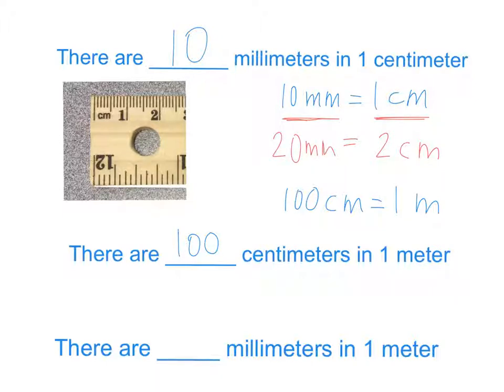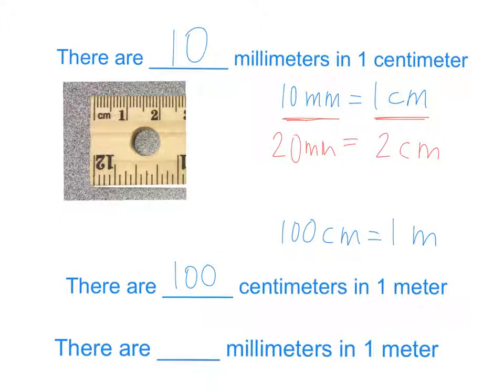If there's 3 centimeters, how many millimeters are there? 30. What am I doing to the number of centimeters to find how many millimeters there are? Subhan? I'm adding 10. So I'm doing 1 centimeter plus 10 is 11 millimeters. How am I changing from centimeters to millimeters?